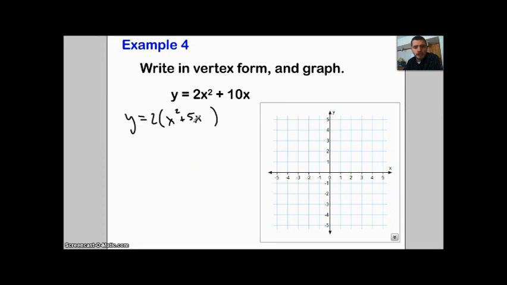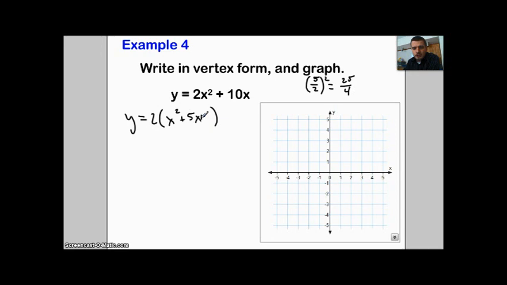All right, so now again in this case, I'm going to try to find my b value, so I'm going to do 5 over 2, and I'm going to square that. So 5 divided by 2 is just 2.5, so I'm just going to leave it as a fraction. So it'll end up being 25 over 4.